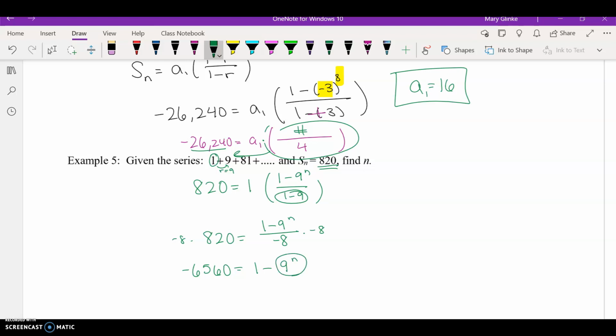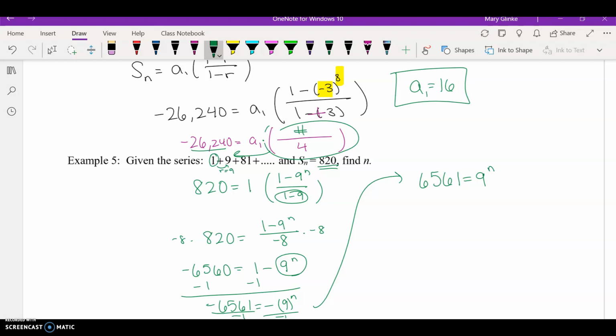I want to get 9 to the n by itself, so I'm going to subtract 1. And this negative is out in front, so I'm going to divide by negative 1 and get 6,561 equals 9 to the n.